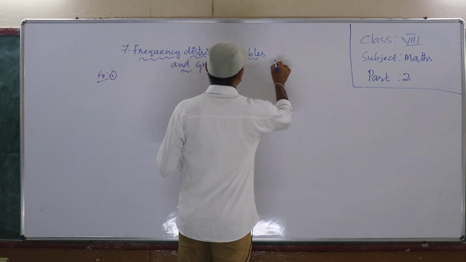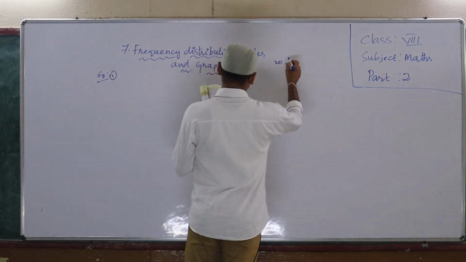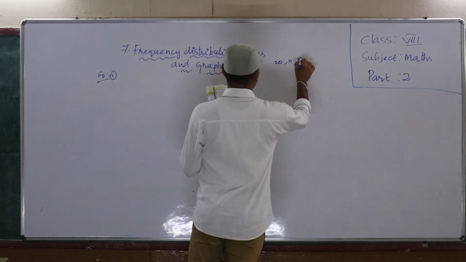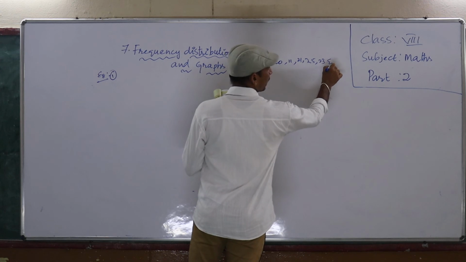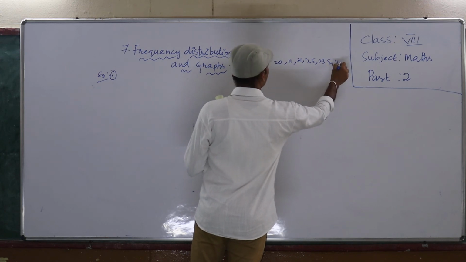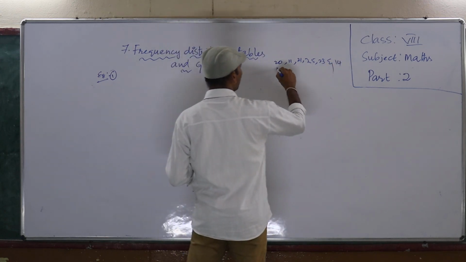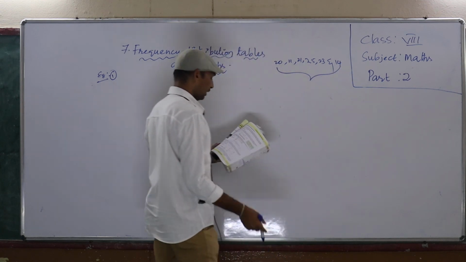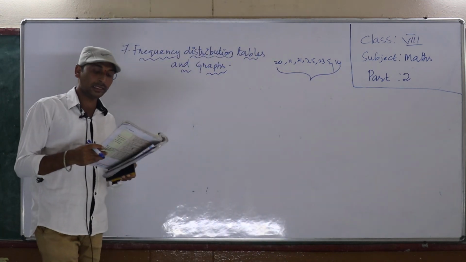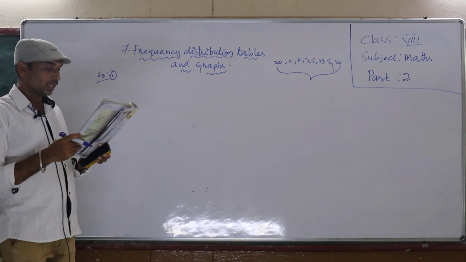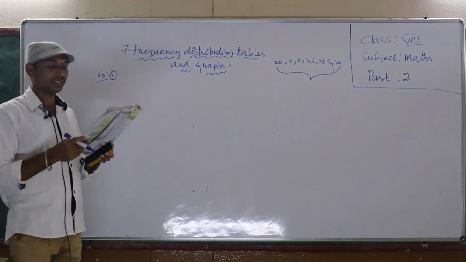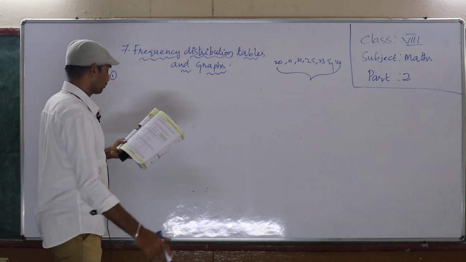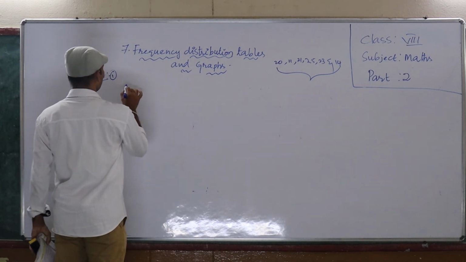What are they? 20, 11, 21, 25, 23 and 14. So these many marks Ashok got in the unit test in different subjects. What is the arithmetic mean of his marks?